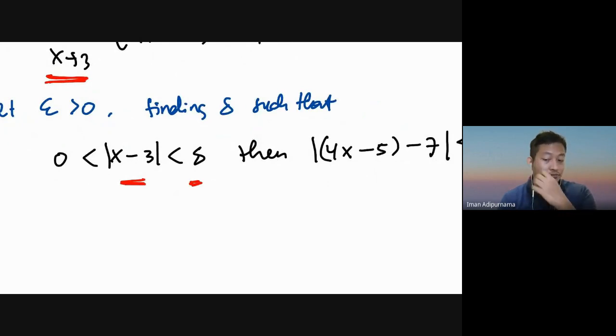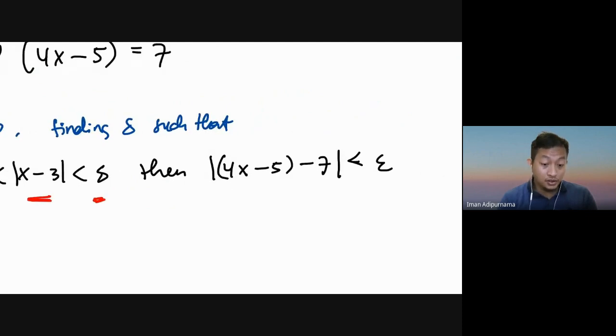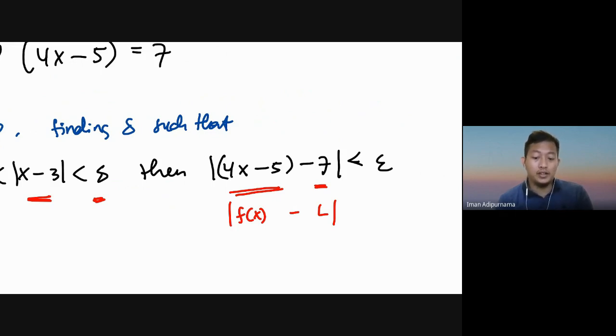And we also have a function with its L. So this is f of x, this is L, right? And we are going to use the delta to prove that when the function is like this, it is less than its epsilon. Okay.